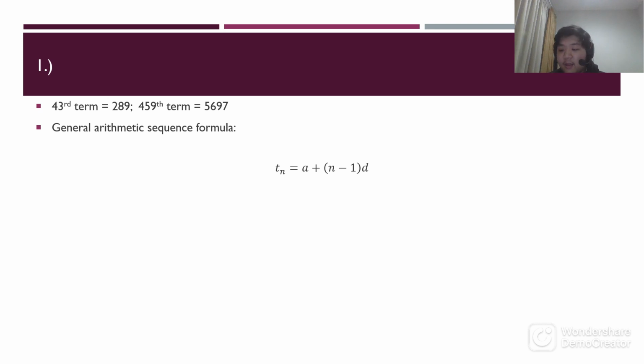Tn shall be the general term, and a shall be the first term of the sequence, n shall be the number of the term, and d shall be the common difference between terms.